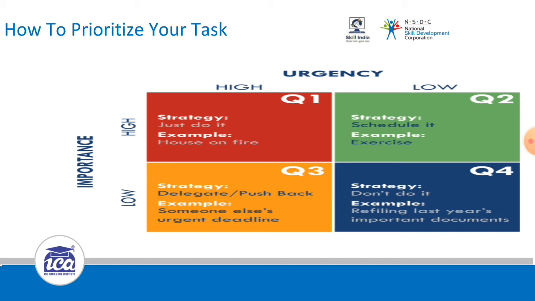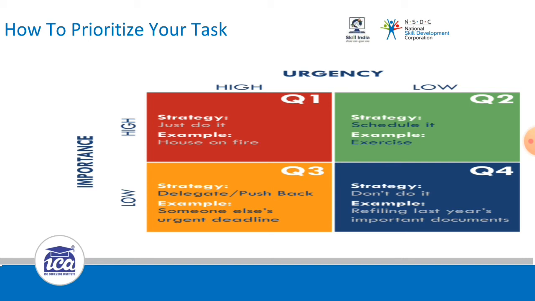Now comes third priority, the tasks which are not that important but are urgent. Okay, for example, suppose your colleague or your friend is asking for something which is urgent for them. Okay, so that's why it is urgent for you also, but is it important for you?